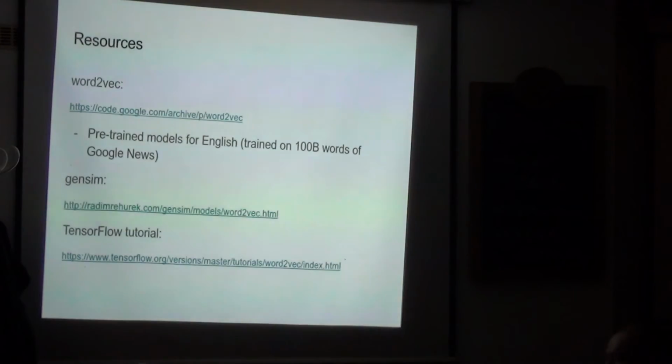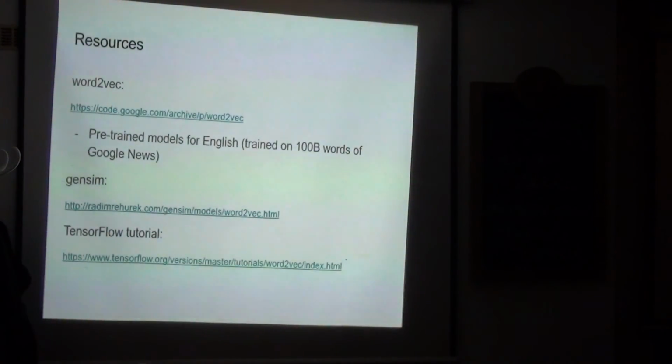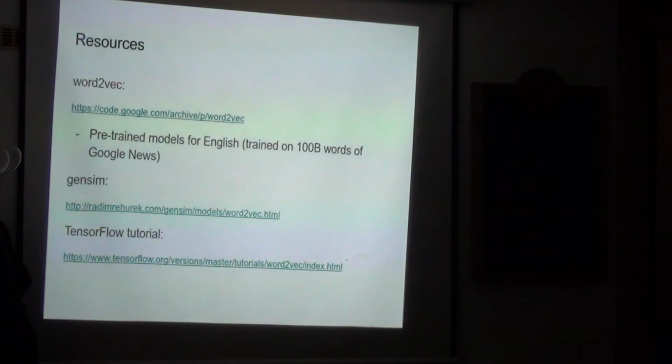At Gensim, you can find here a tutorial how to work with Word2Vec, so there are more details. And also, if you are interested in learning word representation, you can dive into more research-oriented and more neural network stuff in terms of the tutorial.